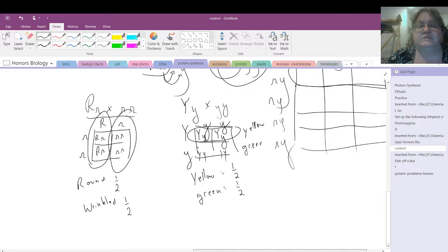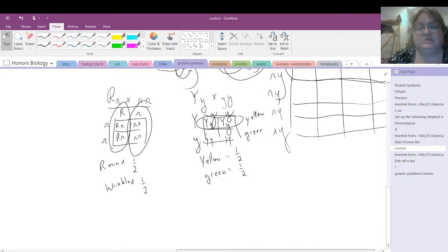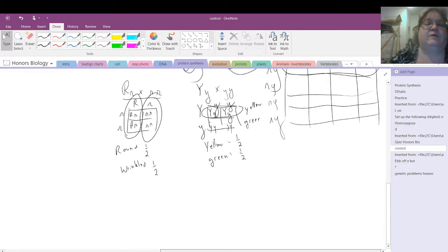So let me leave you with this because I think at this point you can do this. Now that we have our monohybrid probabilities, use your rules of multiplication to figure out what's the chance of having a round yellow. I keep making that mistake. I do apologize. What's the chance of having a round yellow offspring? What's the chance of having a round green?